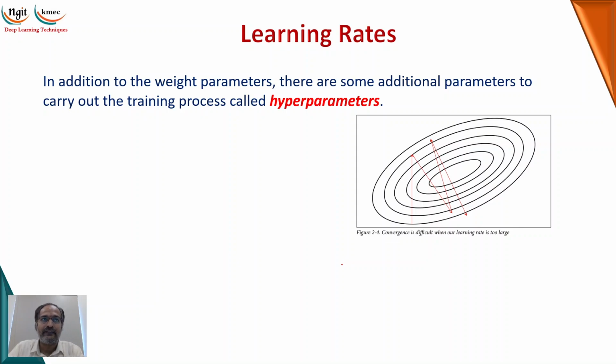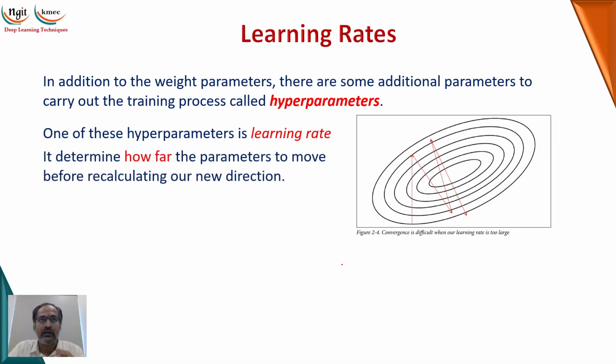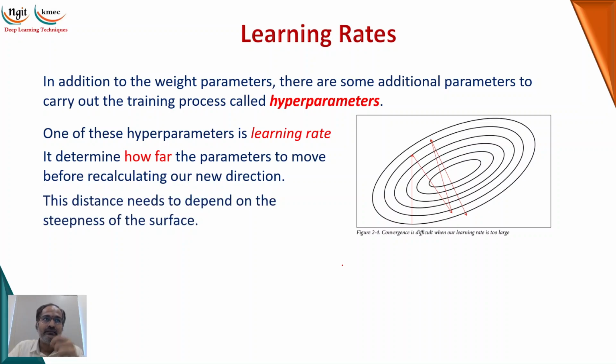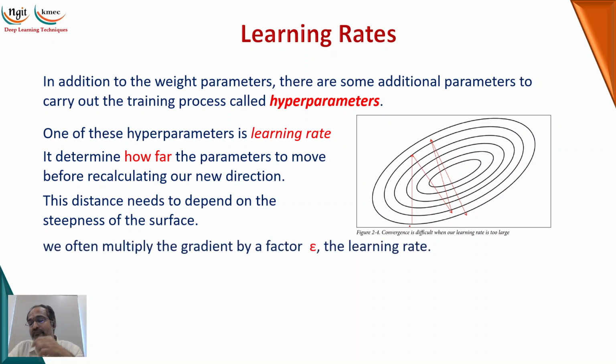So the learning rate is another hyperparameter that specifies how far the parameters have to move in the specified new direction. That will be decided by the learning rate. Now this distance needs to depend on the steepness of the surface. On the surface, how steep it is and how far it has to move will be decided. But it is also a very difficult task.